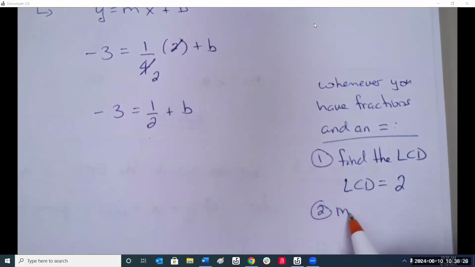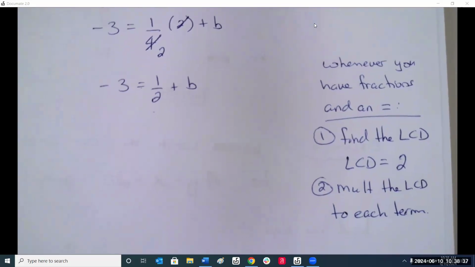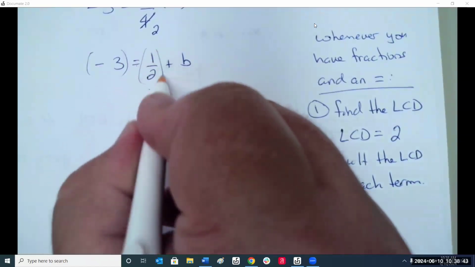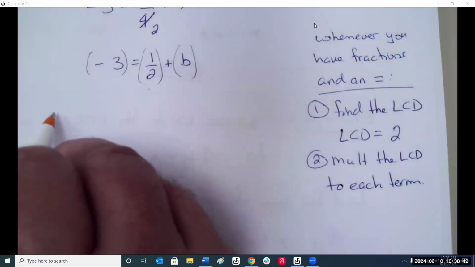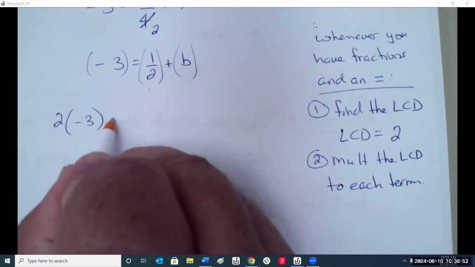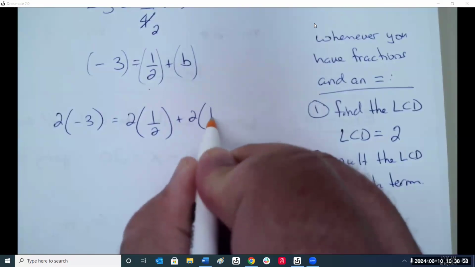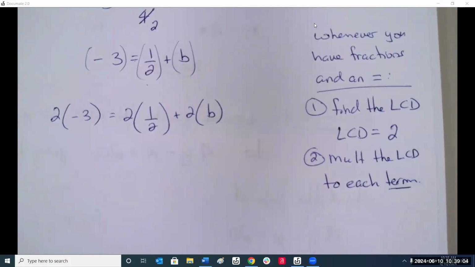Take the LCD and multiply the LCD to each term. So there's 1 term, there's 2 terms, there's 3 terms. Multiply 2 to each one of those. Remember, a term is anything separated by a plus, minus, or equals.